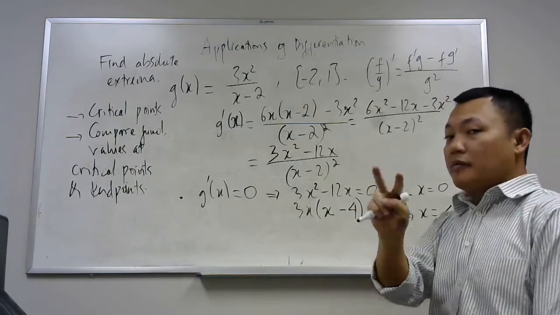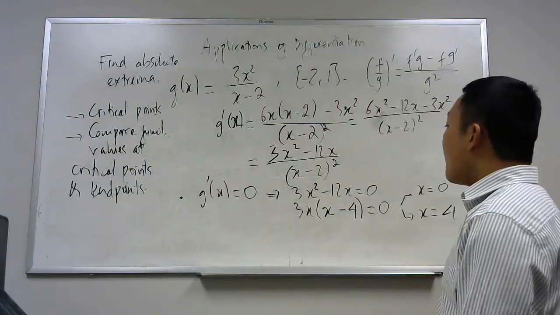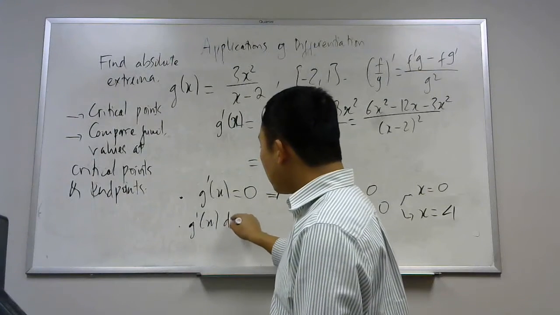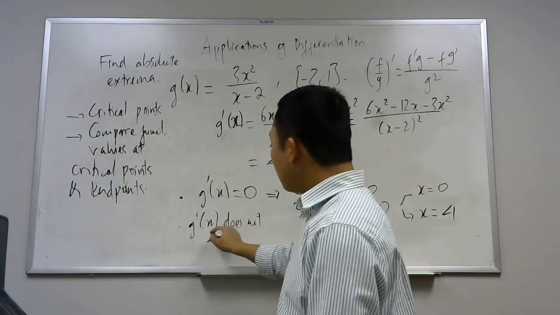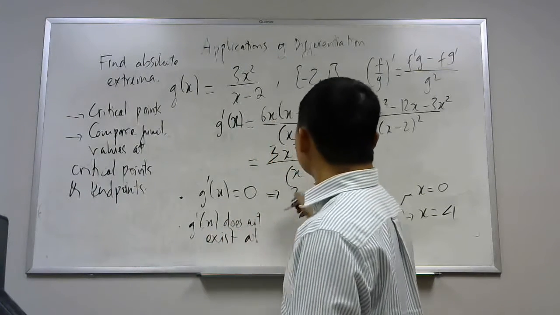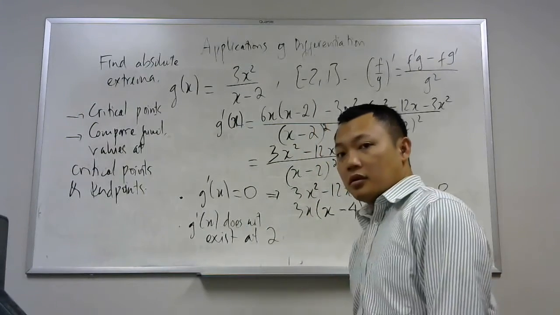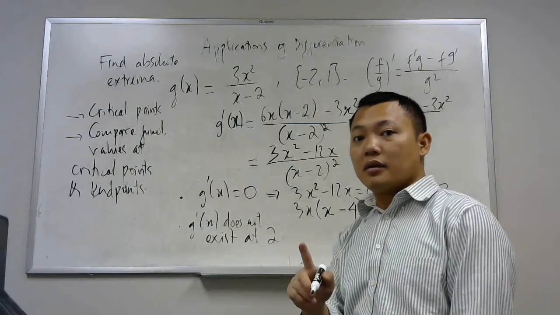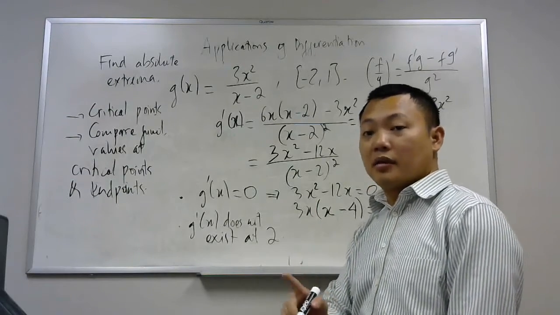So for this case, we have two critical points. How about the second case, where g prime does not exist? G prime does not exist at 2. But 2 is not in the domain, so we don't have to care about that.